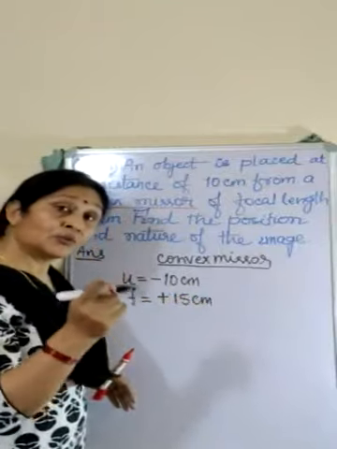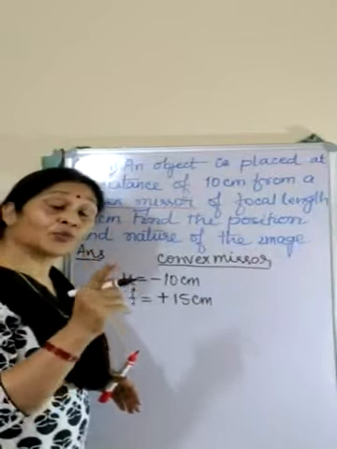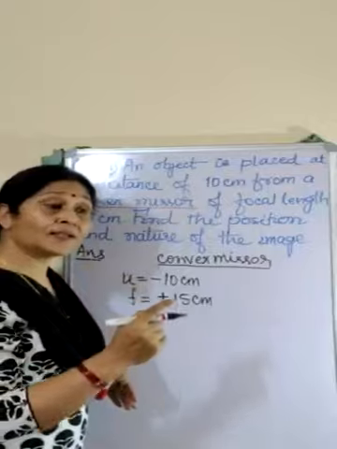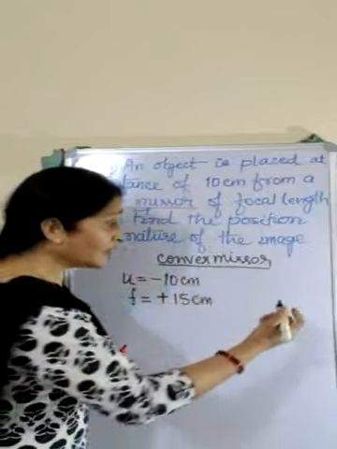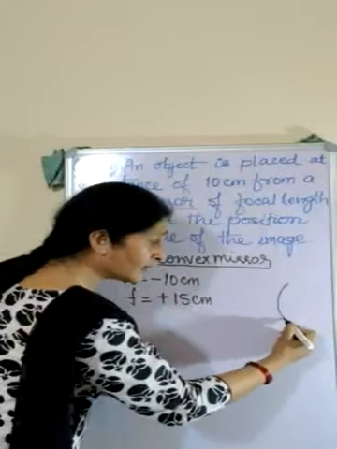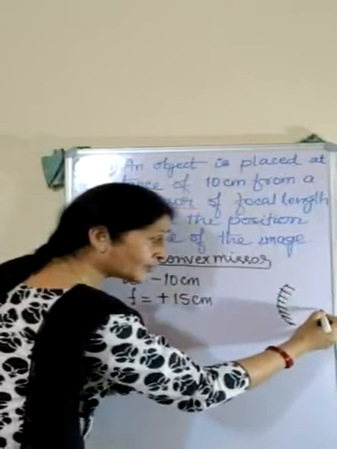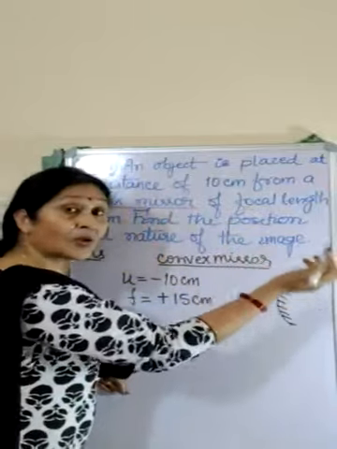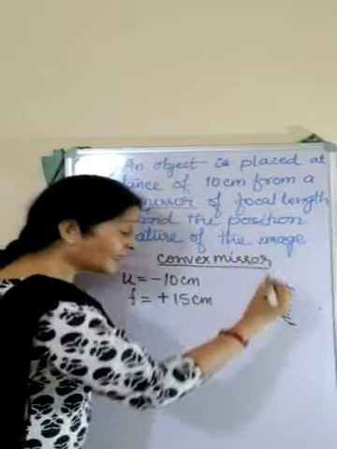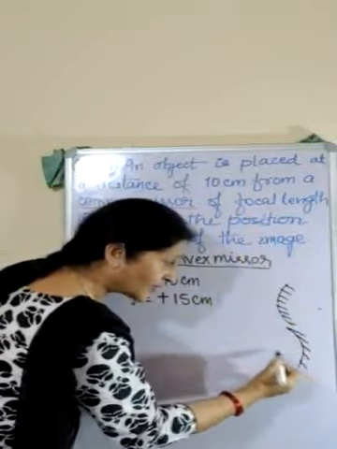Now you also keep in mind, the focal length or focus is always on the cave side of the spherical mirror. If this is a convex mirror, then the focus is on the cave side, that is the right side. If a concave mirror is here, then you see the cave side.